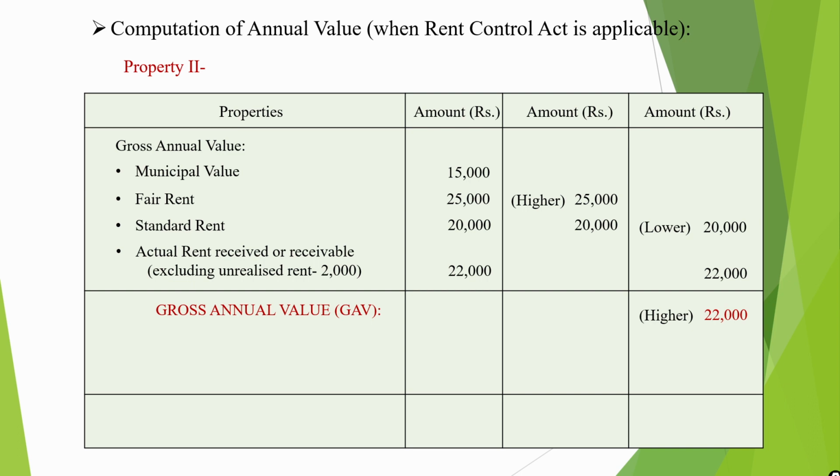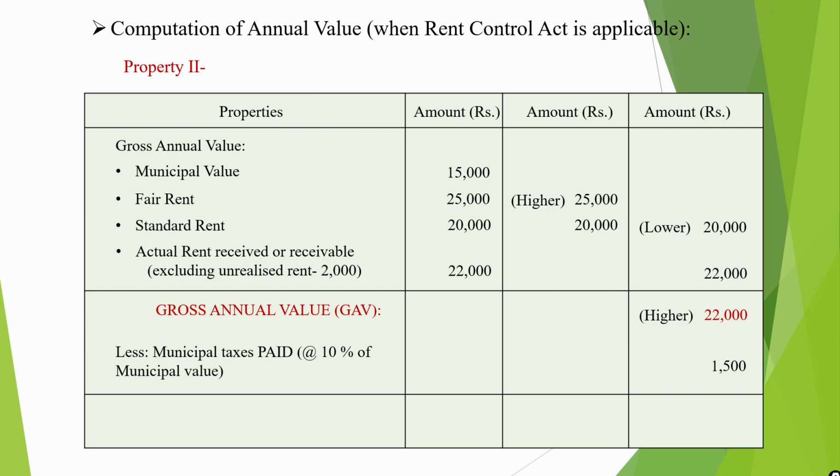Okay. Now from this GAV, that is gross annual value of rupees 22,000, you have to deduct the municipal taxes paid by the owner. When municipal taxes are paid by any other party, it is clearly given in the problem.